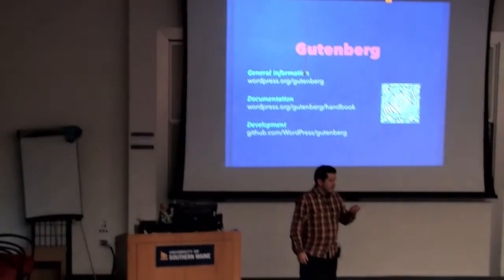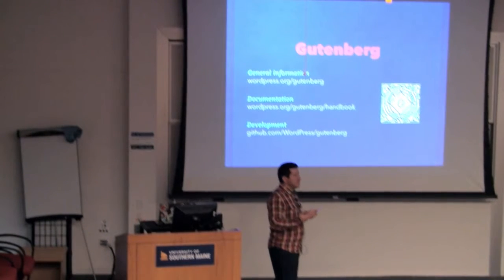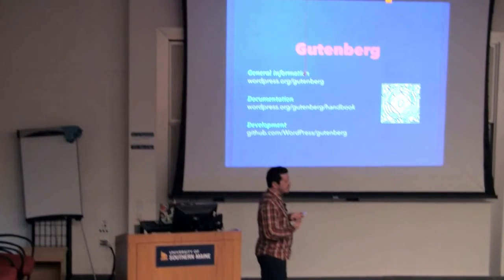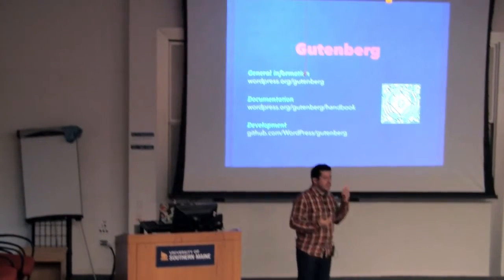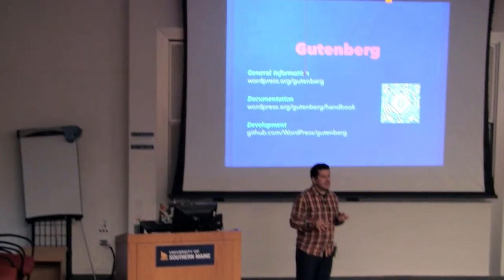If you still haven't got much into it, you can find more information about Gutenberg in these links. The documentation is a great place to start, and you have a demo in the general information. And of course, you can contribute with code or by raising issues and filing bug reports in the development repo. Right now, it's still under development, so they're taking all the help they can.